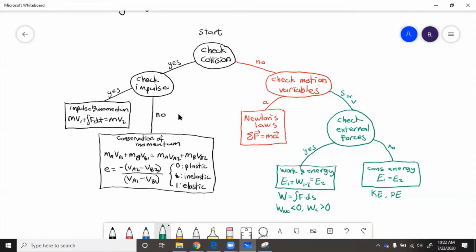And then the final tricky part, if we have a collision, but it is an elastic collision, we can also use conservation of energy.